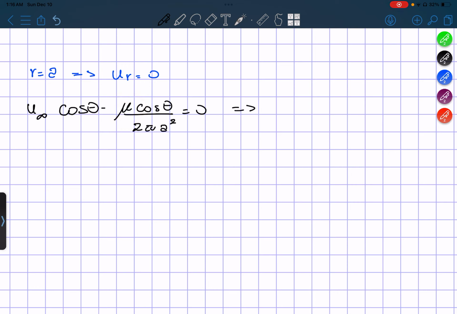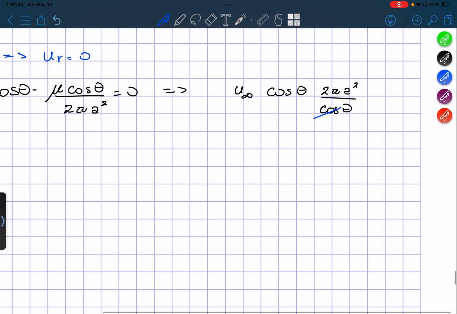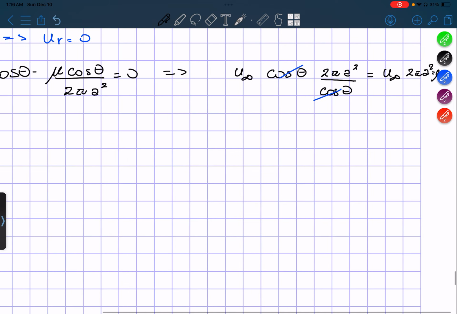So we get u infinity cosine of theta times 2 pi a squared divided by cosine of theta. So we simplify the cosine of thetas, and we get u infinity 2 pi a squared is equal to our mu.